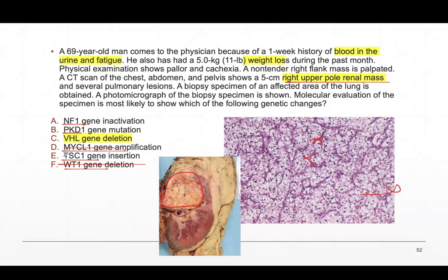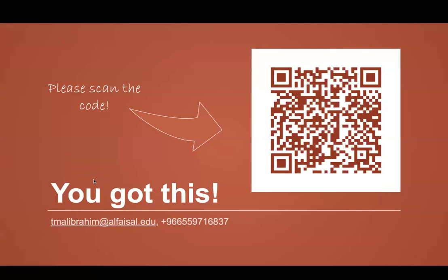And guess what? You are done. Of course, I couldn't put all pathology questions ever in this session, but please solve Robbins. It will help you a lot for the exam.